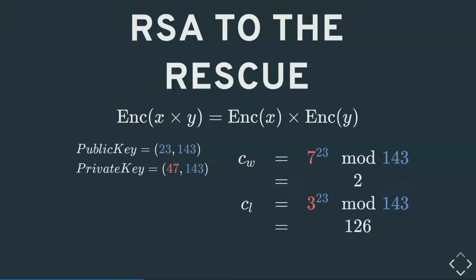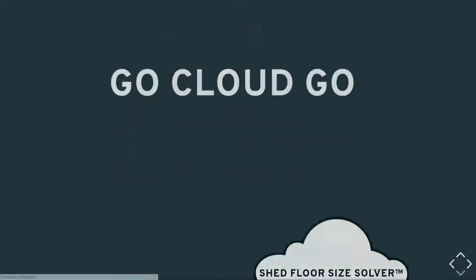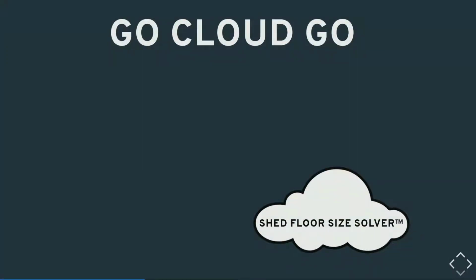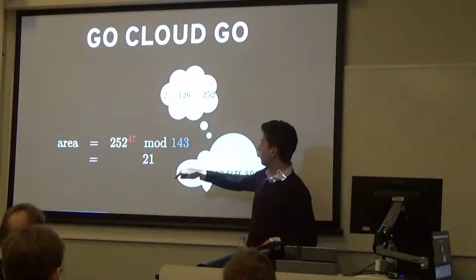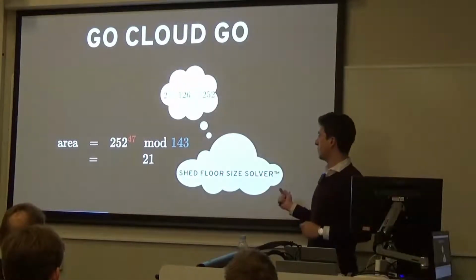So if we just give ourselves a public and private key, and then encrypt our private values using the public key, we get this 2 and 126 value, which are our new width and length, but encrypted using our public key. We then send that to the shed floor size solver, which then does the computation on those values. And then we receive those values, and then we use our private key to decrypt that and get the actual result.